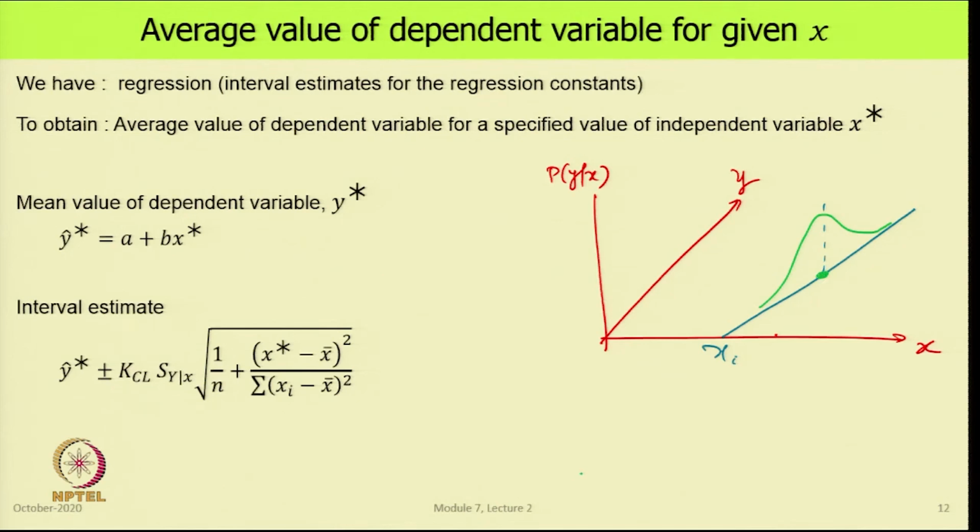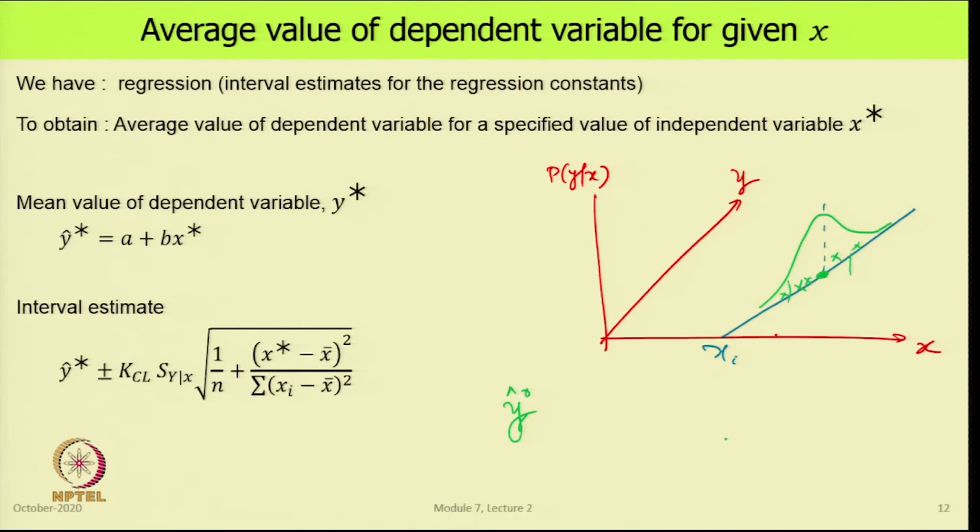Our first calculation, which we just saw, calculating y hat 0, told us where the future value is likely to lie. So, it could lie anywhere here, it could have been here, it could have been there, or like that. And what is the interval about which we can say it lies.